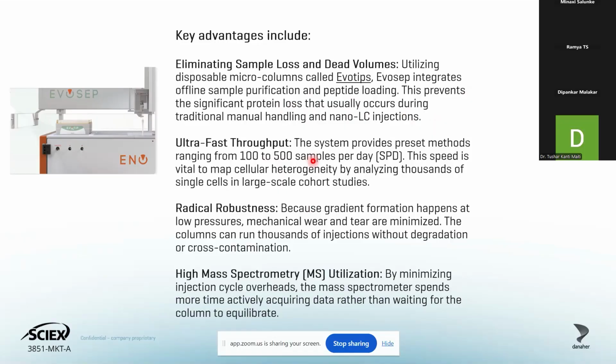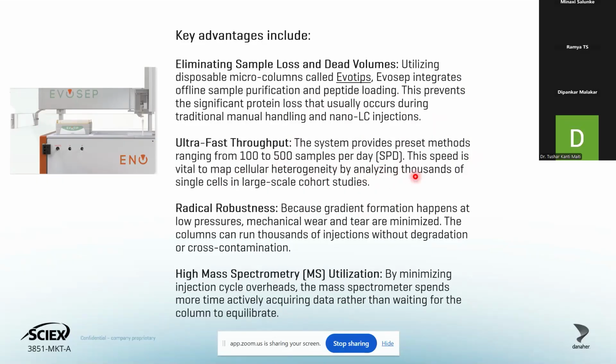The gradient also offers 100 samples per day, up to 500 samples per day. The template or preset methods are already there in the Evosep system. So you are able to analyze single cell and large-scale cohort studies, because single cells also have heterogeneity.